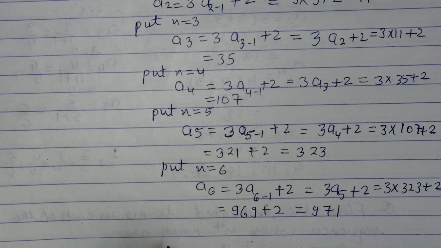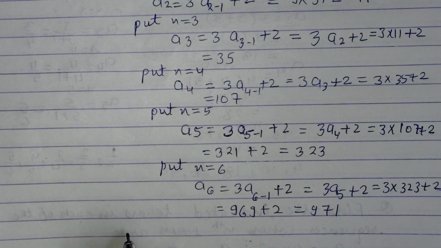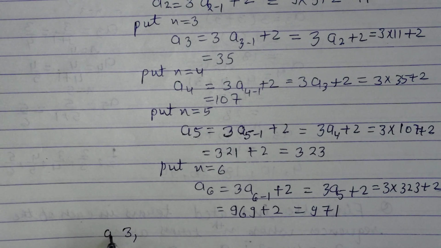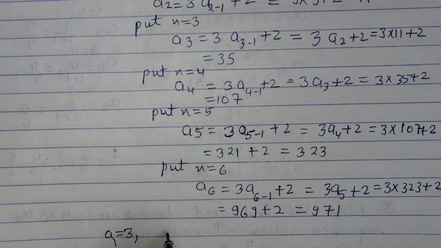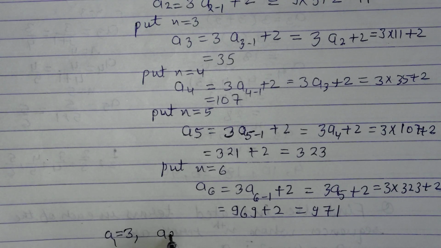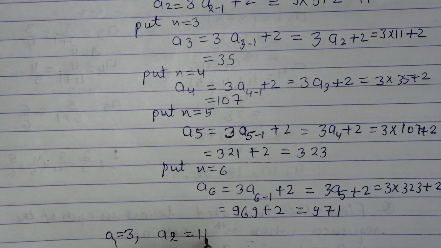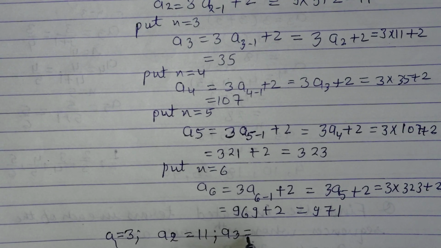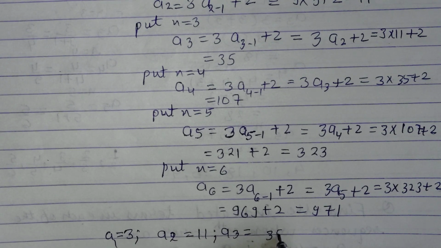So finally we get the series. So a1 is first term. Then we get a2, 11. Then we get a3, 35.